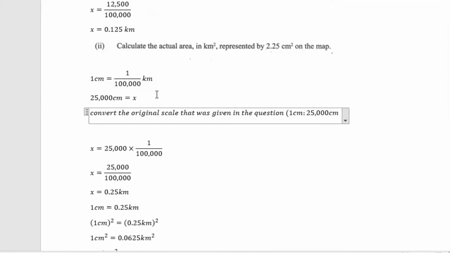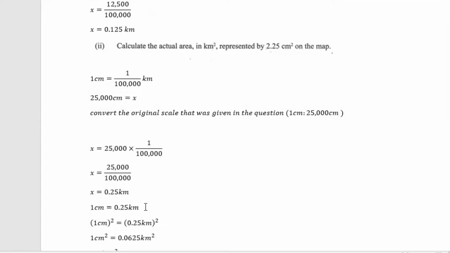We converted what would be 1 centimeter into kilometers. So we did 1 centimeter is equal to 1 over 100,000 kilometers, or 0.00001 kilometers. And we have the 25,000 centimeters. We're trying to find what that is in kilometers. We found that to be 0.25 kilometers. So 25,000 centimeters is the same as 0.25 kilometers, which is what we have here.